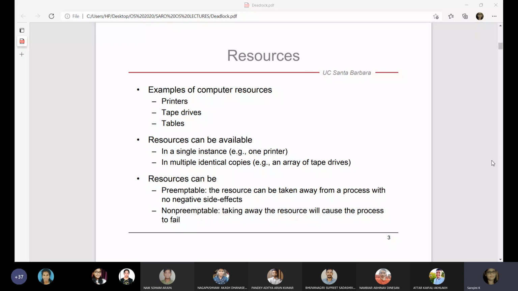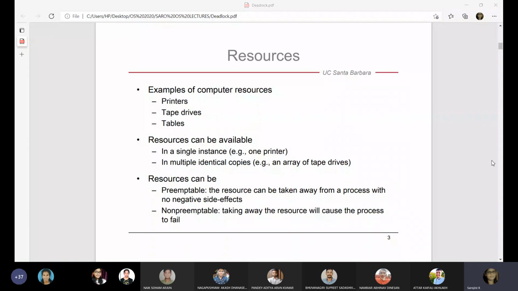R2 is with process P2. So process P1 is holding one resource and requesting another. This is the state of process P1.